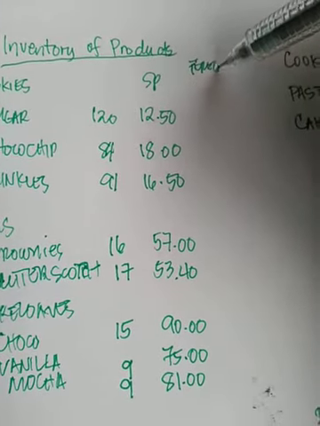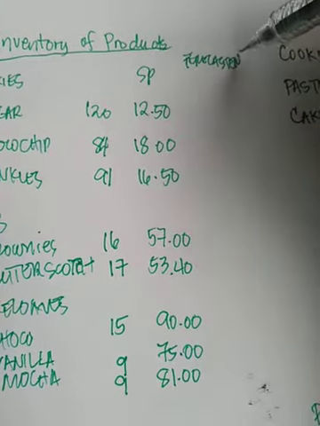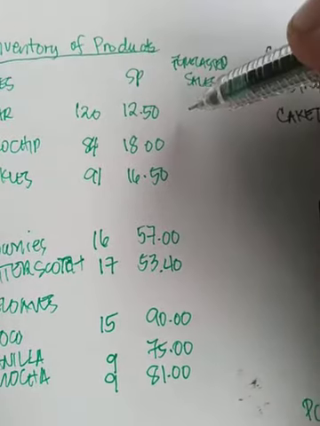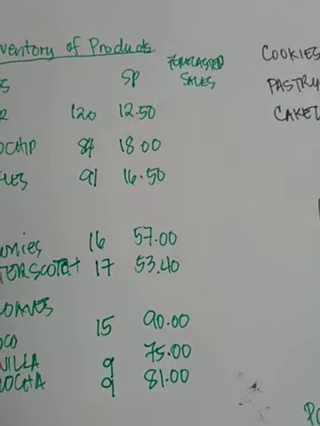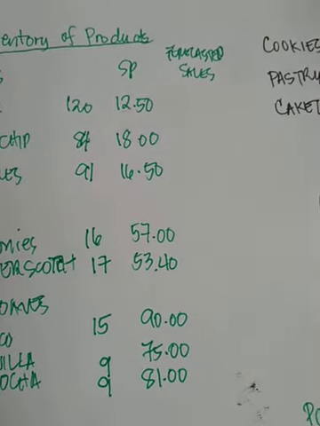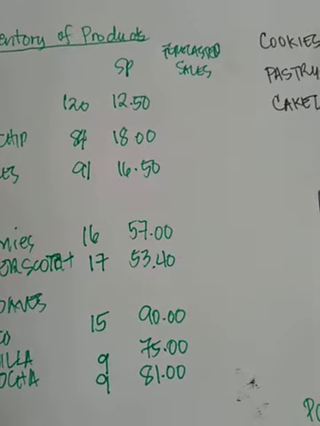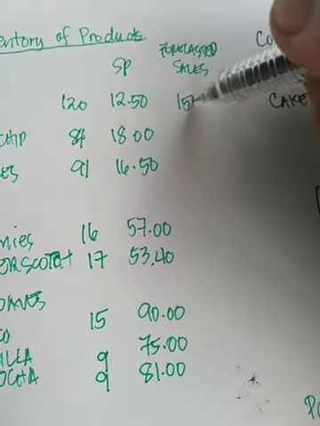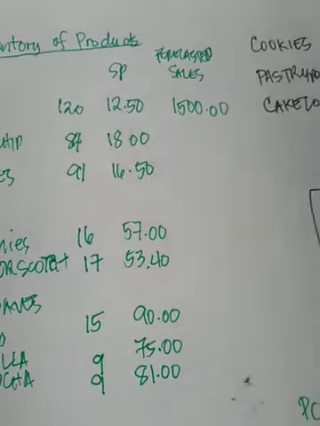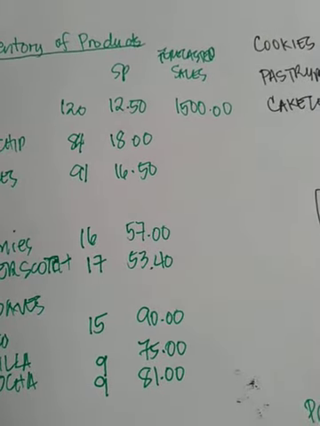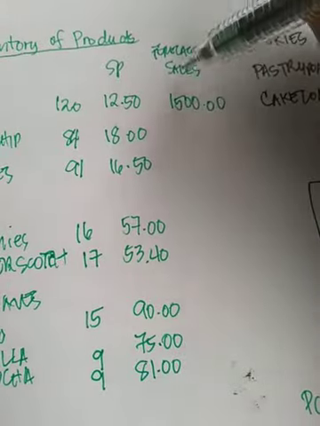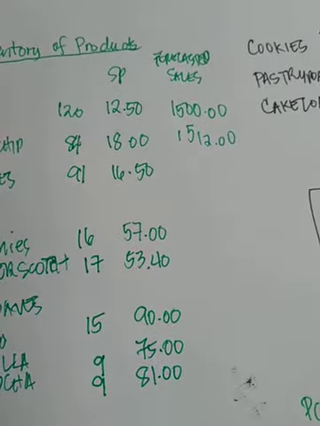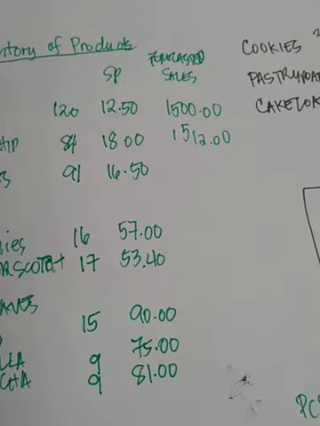Forecasted sales. This is 1,250 times 120. That's 1,500. 84 pieces times 18. 1,512. 91 times 16.50.